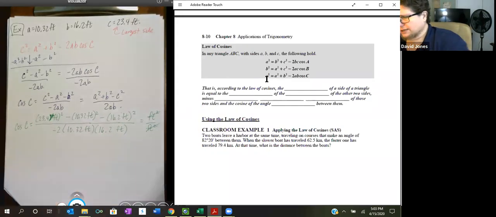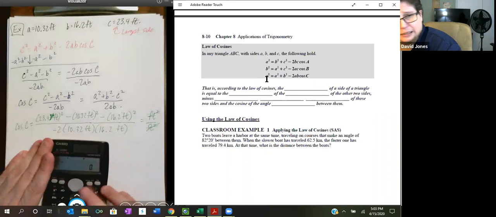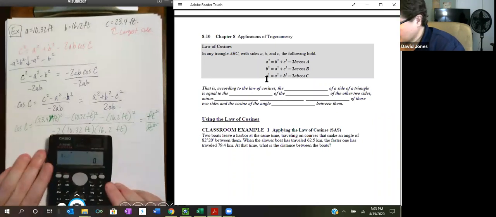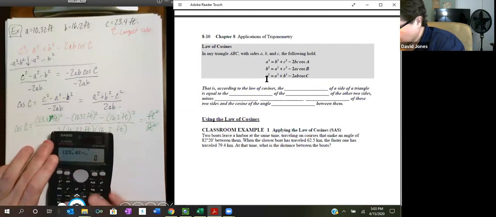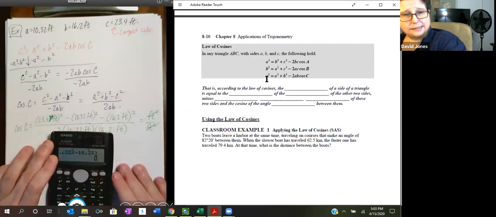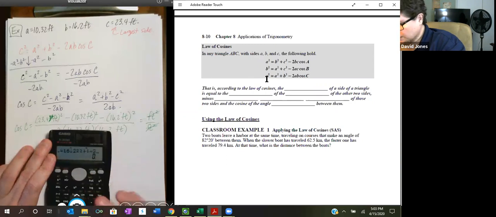What do I get when I do that? Parentheses, 23.4 squared minus 10.32 squared minus 16.2 squared, end parentheses. Now hit divide and then do parentheses again: negative 2 times 10.32 times 16.2, end parentheses.